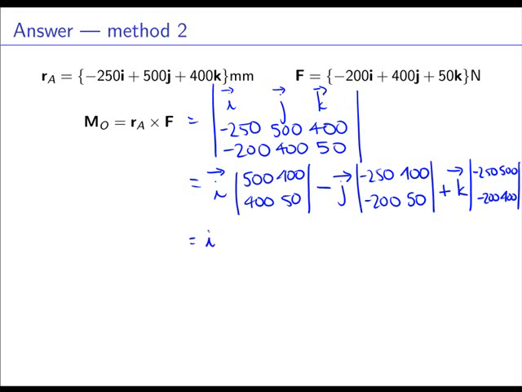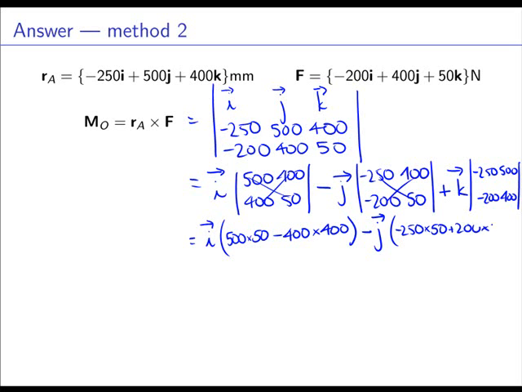That equals i times 500 times 50 minus 400 times 400, minus j times minus 250 times 50 plus 200 times 400, plus k times minus 250 times 400 plus 200 times 500.